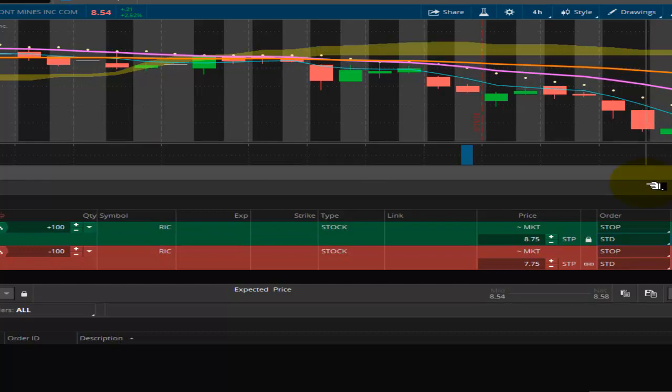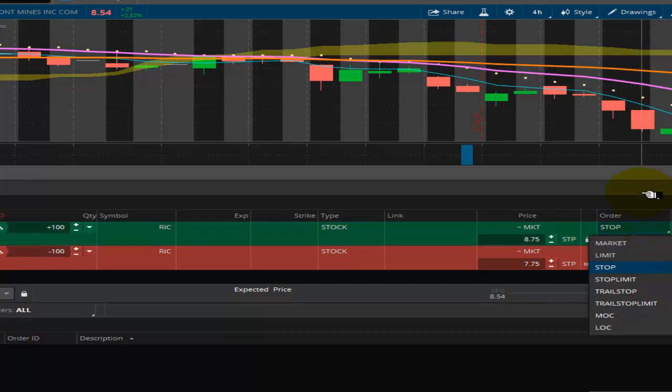Now the market if touched, I don't have that on my drop down. I suppose if I wanted to, I could add that. But for my purposes, you're not really going to need to use that. You would only need it in certain situations. For instance, I know the NASDAQ and the New York Stock Exchange no longer accept stops, which is ridiculous.